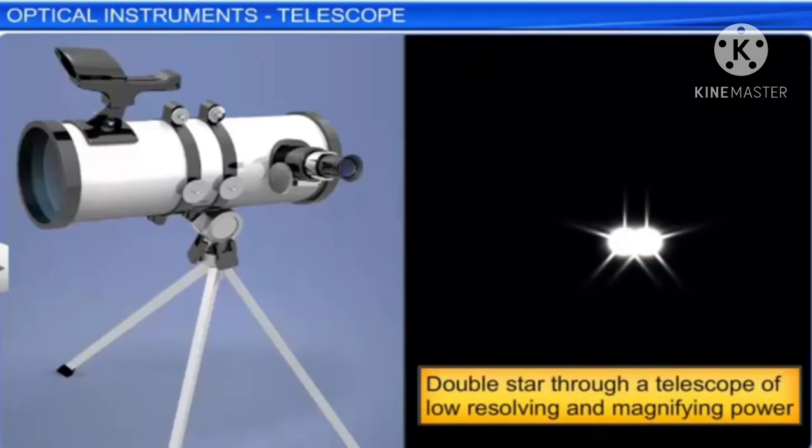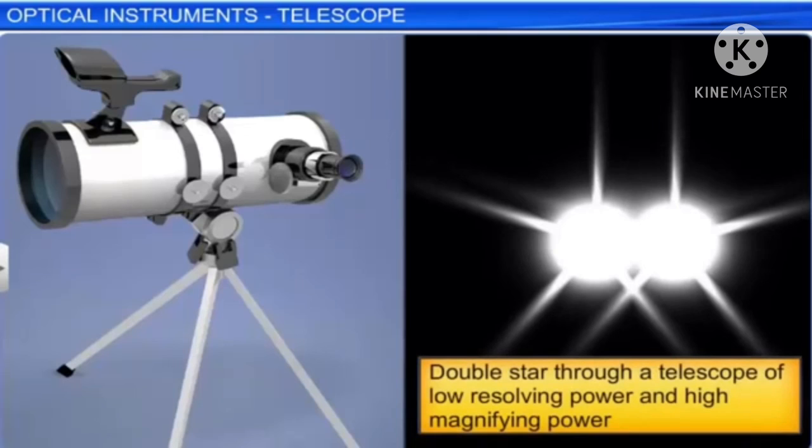It is neither well resolved nor well magnified. If we use an astronomical telescope with a low resolving power but with a high magnifying power, the final image of the double star system is as shown. We observe that the image is well magnified but not well resolved.